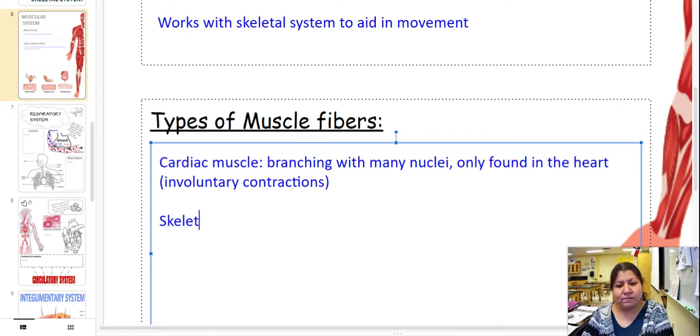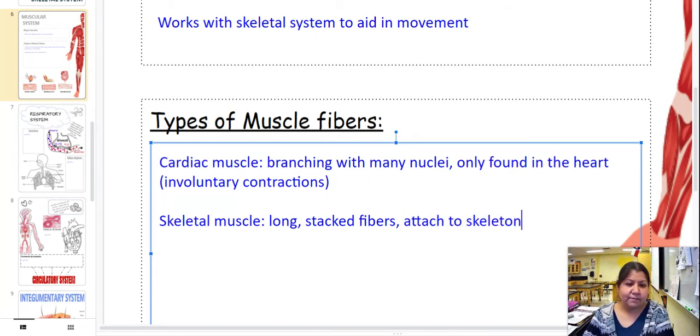It's going to beat, unless there's something wrong with your heart, it's going to keep on beating. Next, we have skeletal muscle. Okay, and so skeletal muscle are very long, stacked fibers, and they attach to our skeleton. Okay.